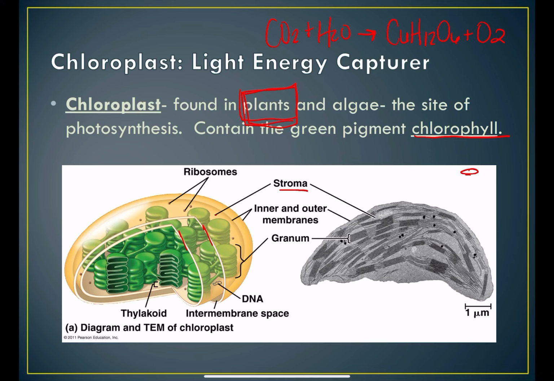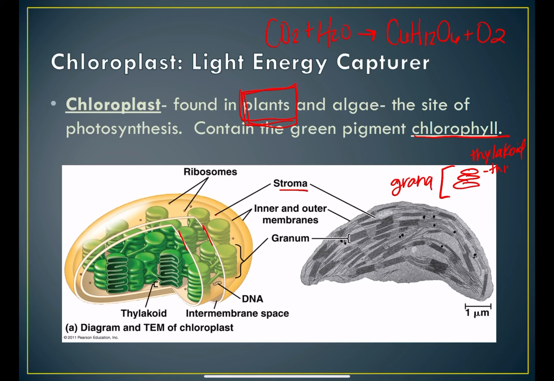So the individual pancake is called a thylakoid, if I can spell thylakoid. And then the stack of them is called grana. Okay? And that's where photosynthesis is going to happen within the chloroplast. So the thylakoid and the grana.